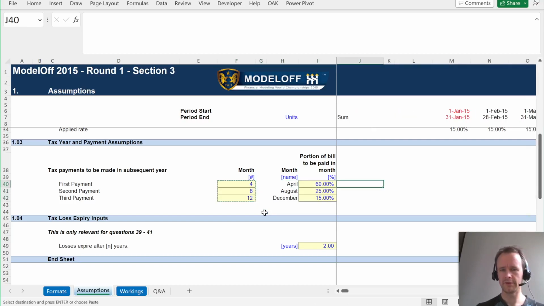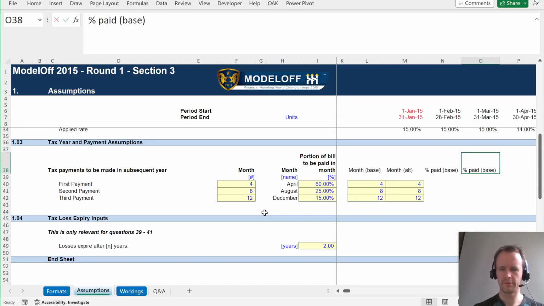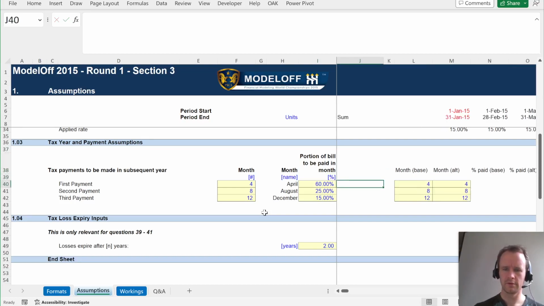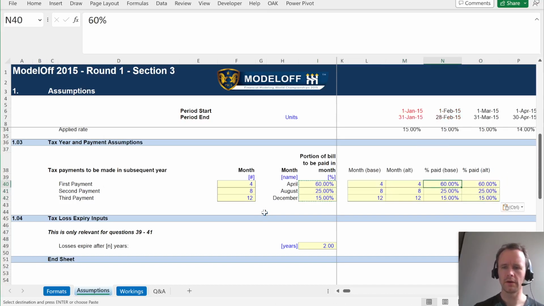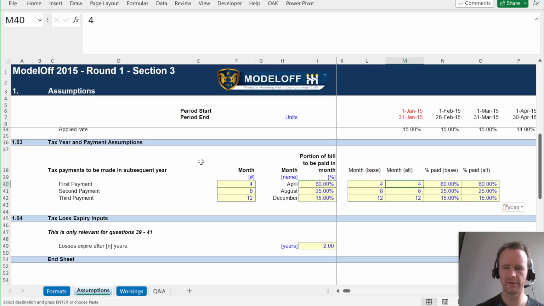So the way I would do that is month base, month alt, and then percent paid base and percent paid alt. So we're going to change the months to be 3, 8, and 11.